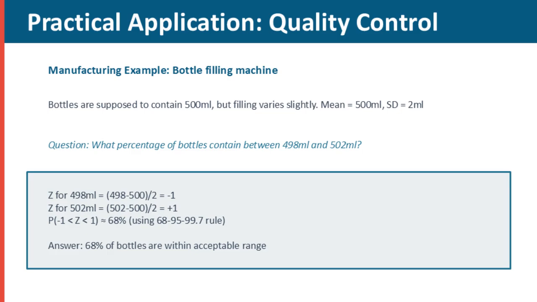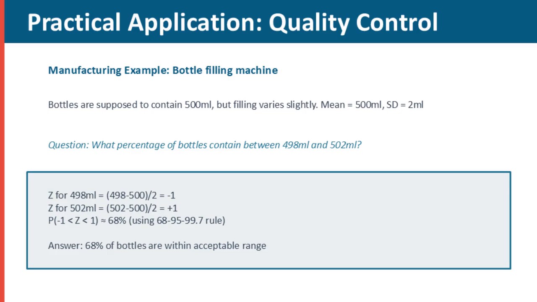Now the company might ask what percentage of bottles contain between 496 ml and 504 ml. So again, if you calculate the Z scores, for 496 it will come out to be -2, and for 504 ml, it will be +2. Using the rule, 95% of the data will fall between plus and minus 2 standard deviations, right?